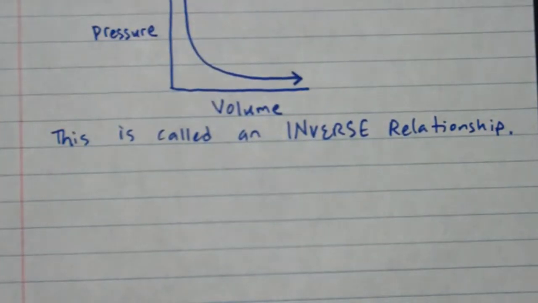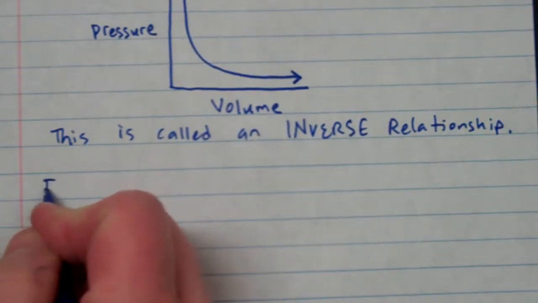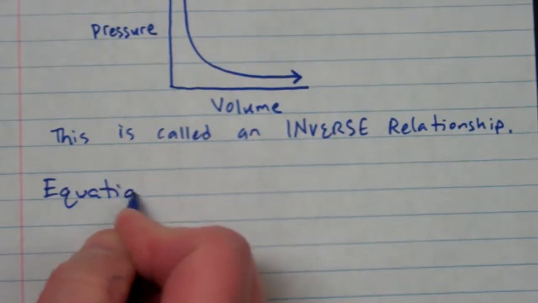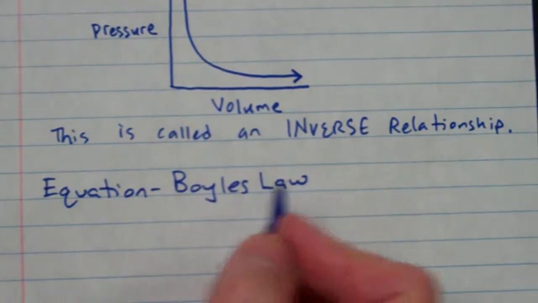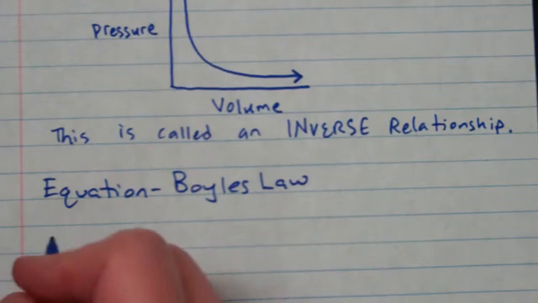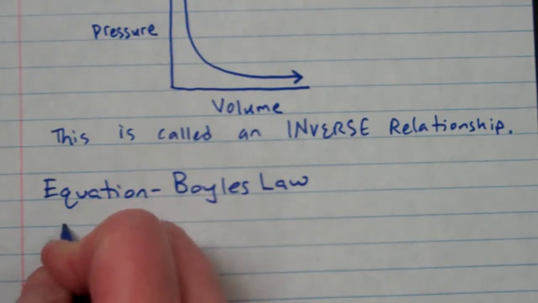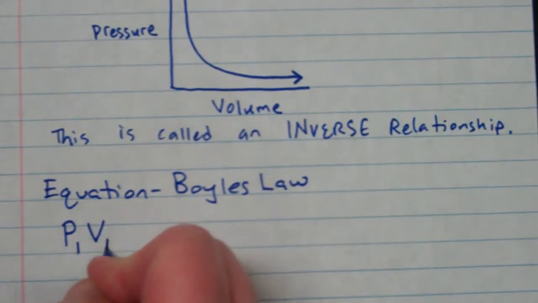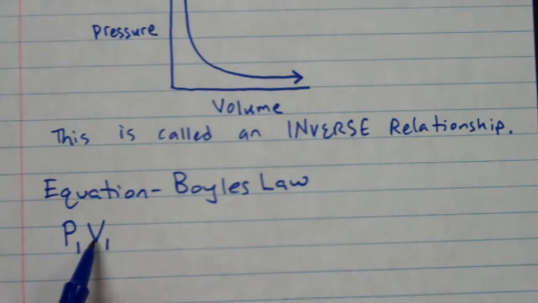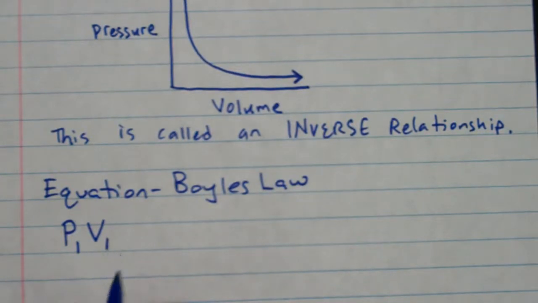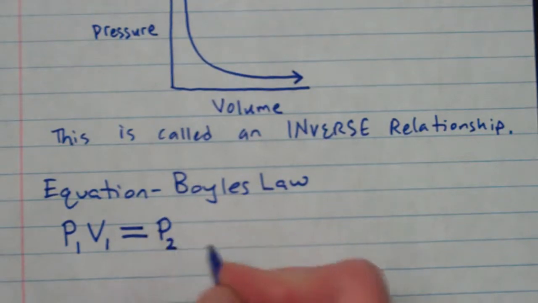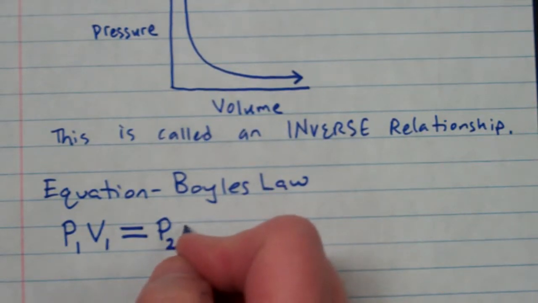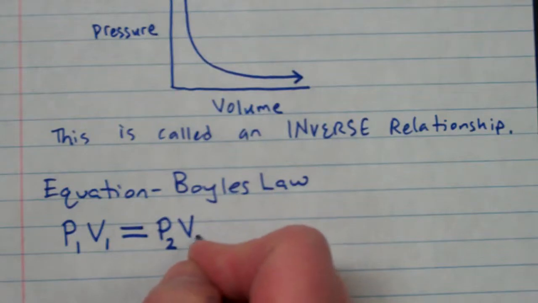So the equation for it is pretty simple. Or the formula. All right, it looks like this. P1 V1, and remember, P is pressure, V is volume. So this is the initial pressure, this is the initial volume, is set equal to the second pressure, or the final pressure, and the final volume.